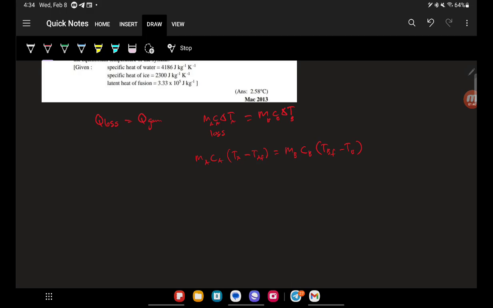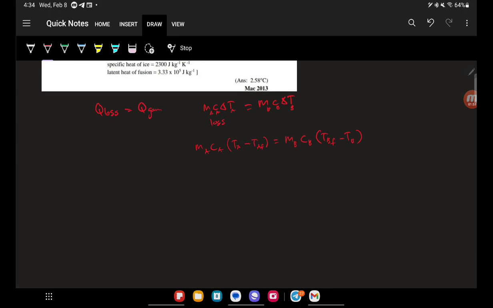Okay, so another way is that you don't need to think whether something is going to be loss or gain. It's just a matter of which direction it is moving, the phase changing.